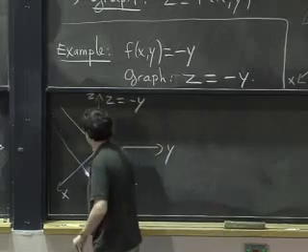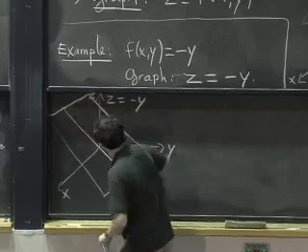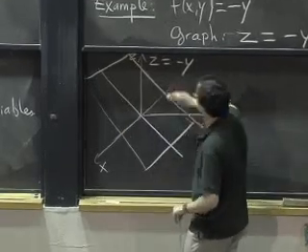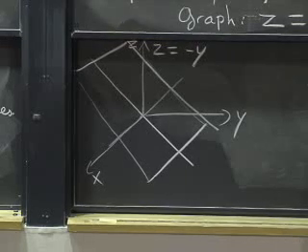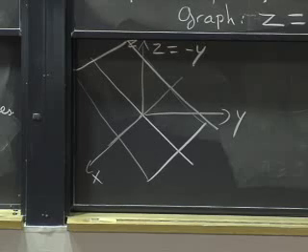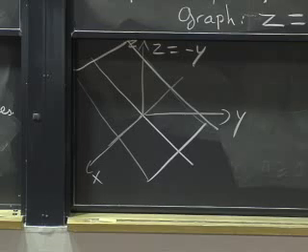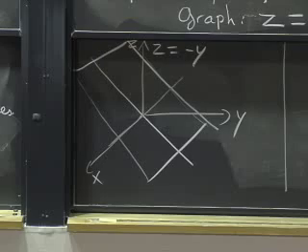So I have this plane that actually contains the x-axis and slopes downwards with slope 1. It's kind of hard to draw. Now you see immediately what the big problem with graphs will be, that these pictures are hard to read. So that's our first graph. Okay, any questions so far?